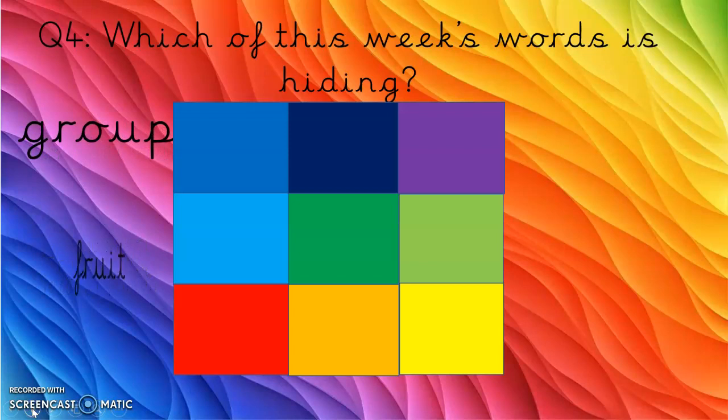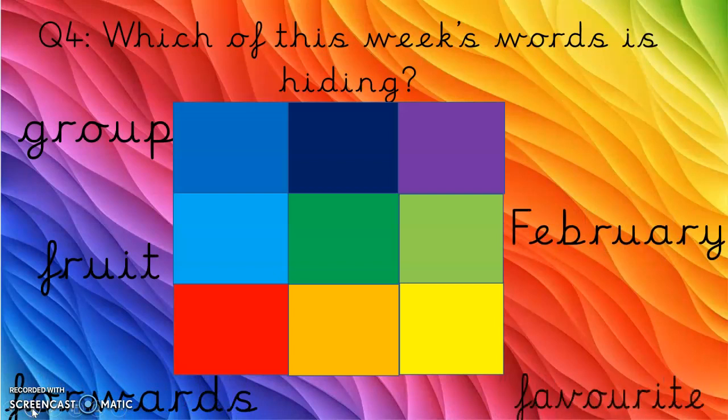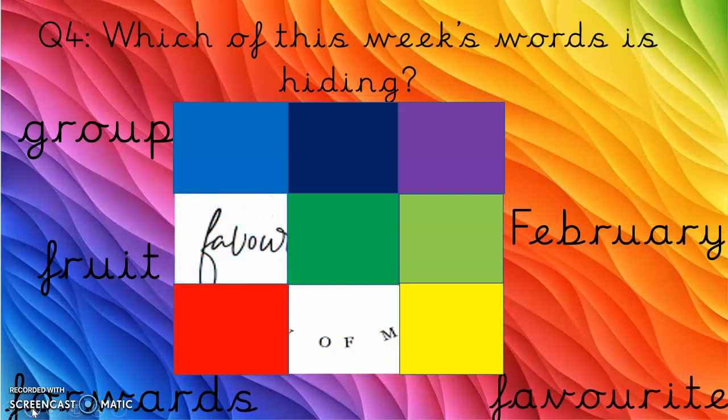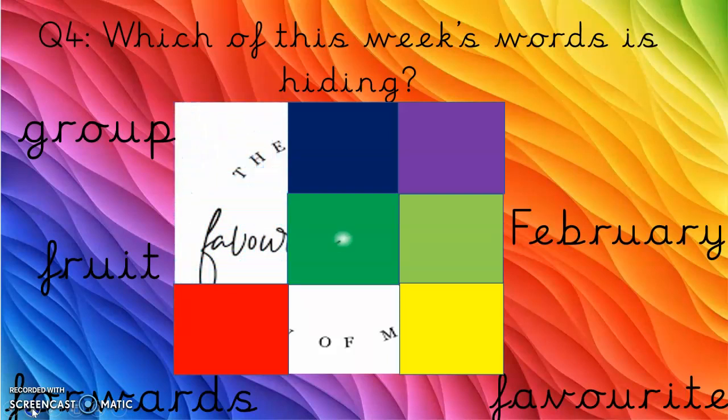Question 4. Let's see which one is hiding this time. Is it group, fruit, forwards, February, or favourite? Here we go. Not sure. Do you know?